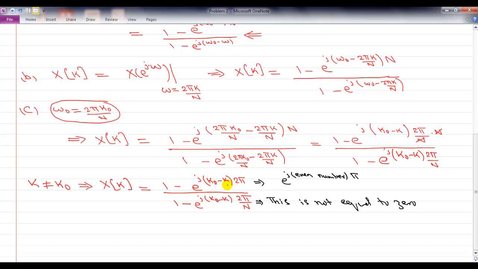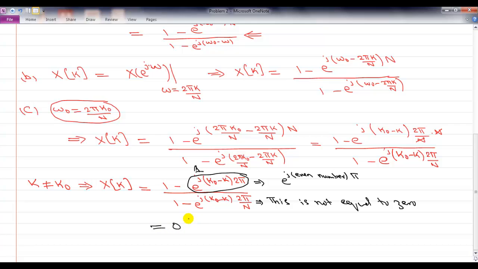Because k naught minus k is an integer, it is getting multiplied by 2, so you get an even integer, and you are multiplying that by pi. What do you get by Euler's identity? So this thing is 1, and we get 1 minus 1, we get 0.